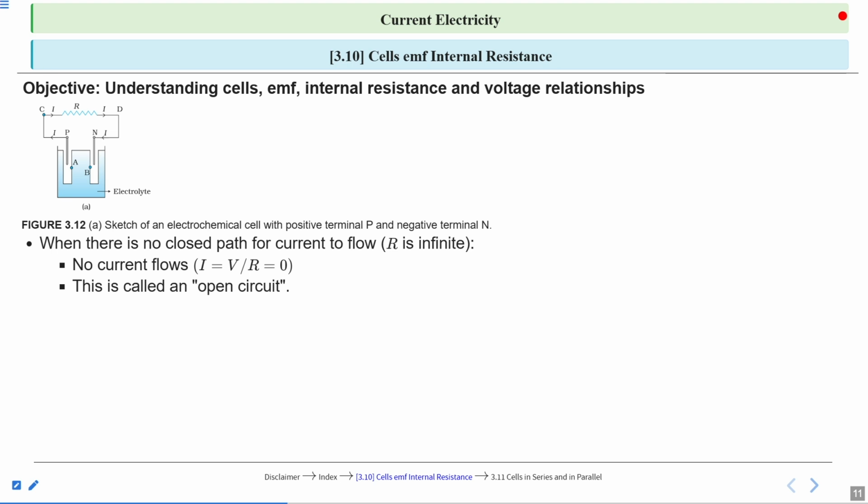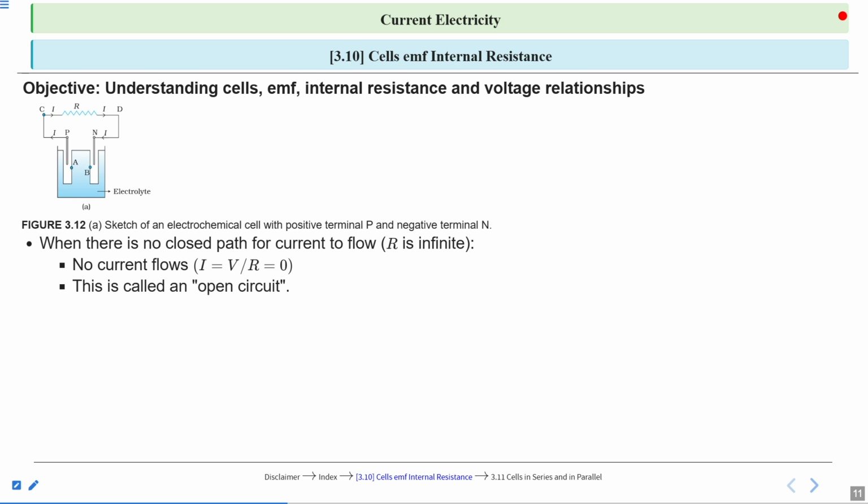When there is no closed path for current to flow, R is infinite. If we take R as infinity, no current is flowing through the resistor. According to the relation I equal to V by R, if R is infinite, current I is 0.